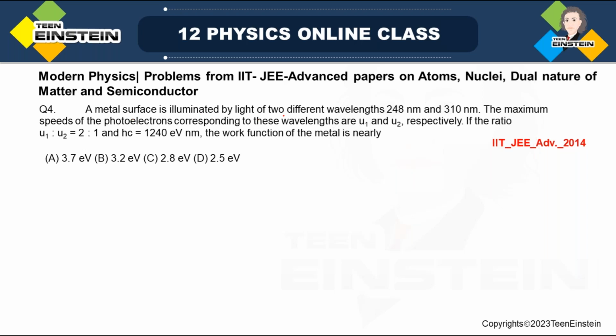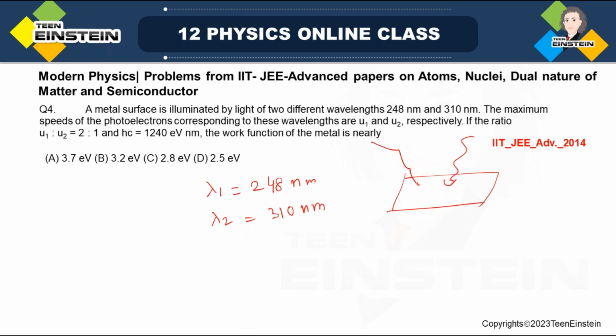that a metal surface is illuminated by light of two different wavelengths. Say lambda 1 is 248 nanometer and lambda 2 is 310 nanometer. So one metal surface is illuminated by two different wavelengths, lambda 1 and lambda 2.